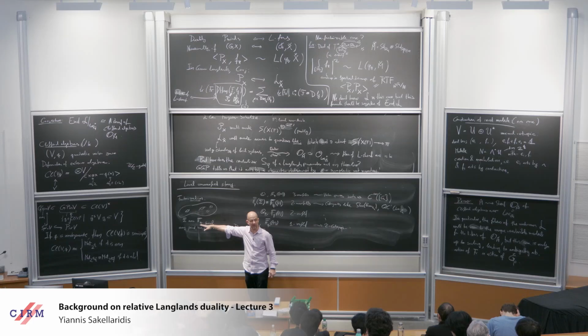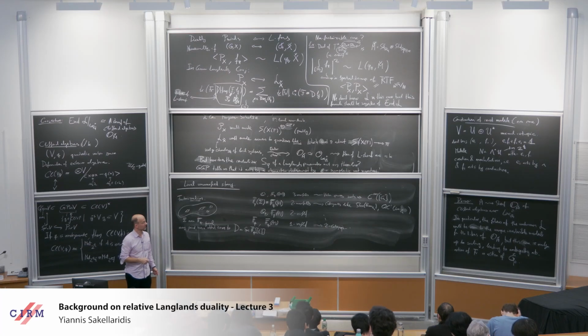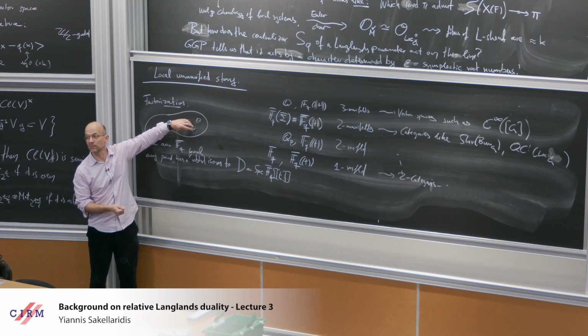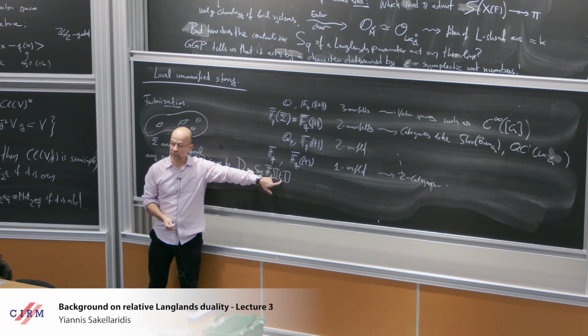Now let's talk about the local objects. The local objects will be associated to these formal disks, okay? But one thing that is very important in this story and one should keep in mind is that these formal disks are not canonically equal to each other, because this depends on how I choose my formal variable, okay?